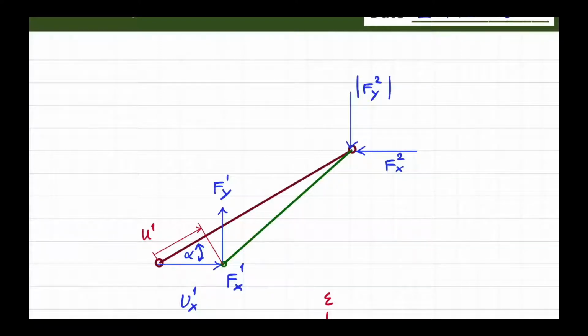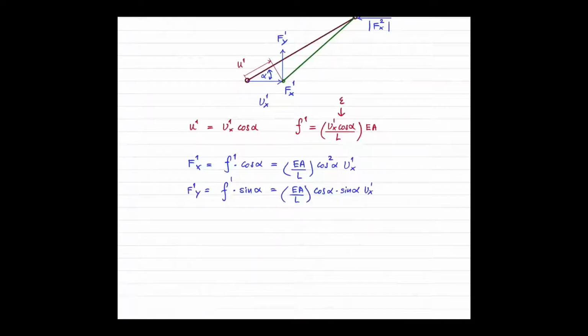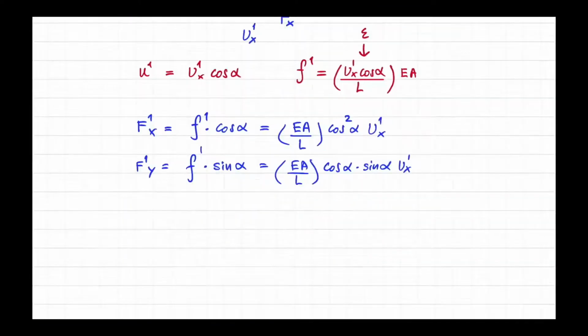I put the absolute sign there because it is just the magnitude, but later on when we talk about this F2x, F2y, we will put the sign so we can understand the directions of the point force, F2.